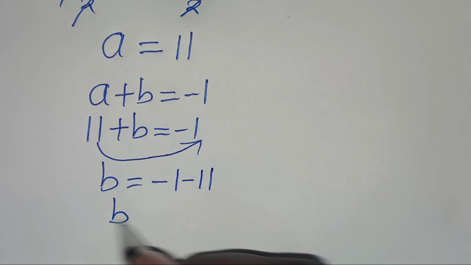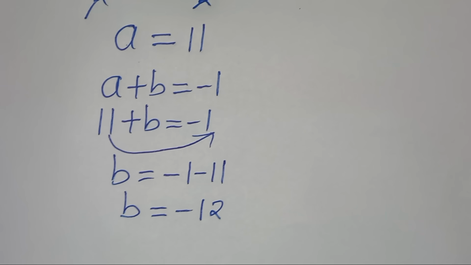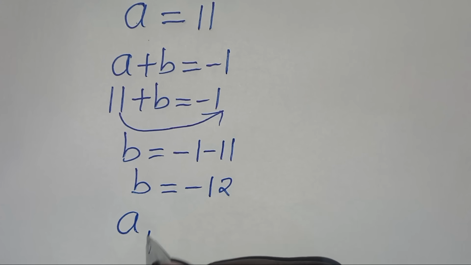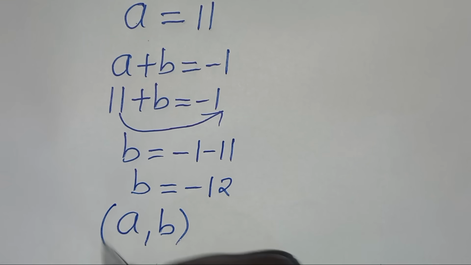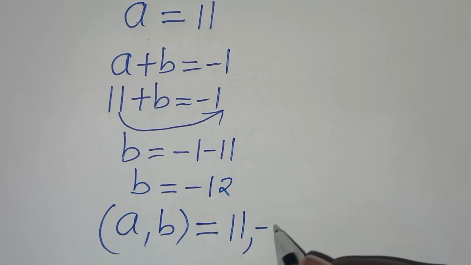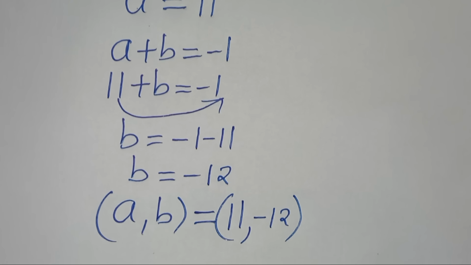So we have b is equal to negative 12. So now the first set of solution, that is a comma b, is equal to 11 comma negative 12. This is the first set of solution that we have.